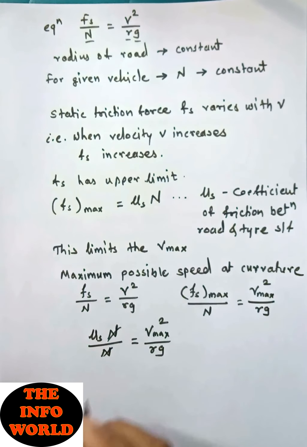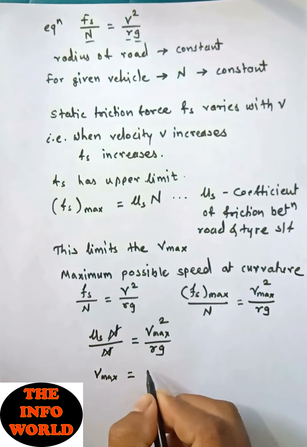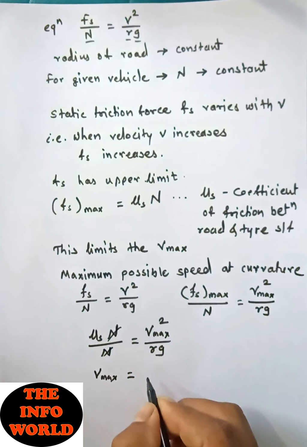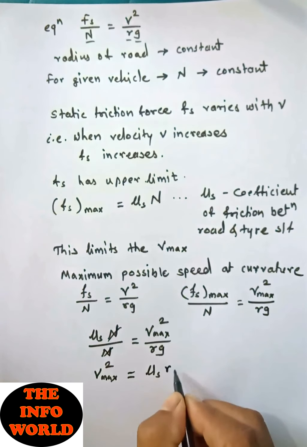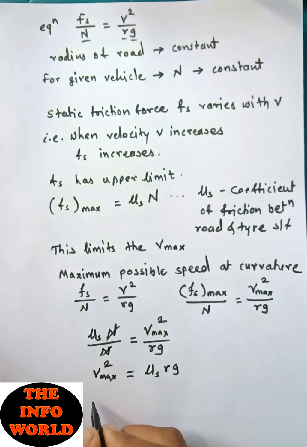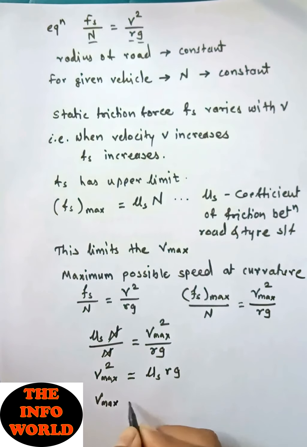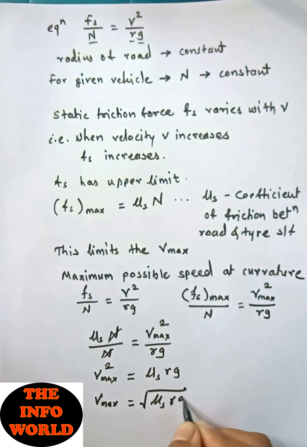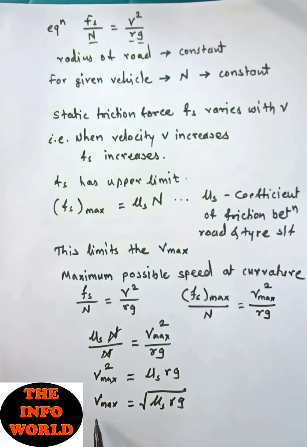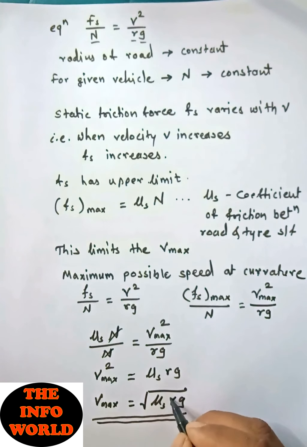So n will get cancelled. So v max square is equal to mu s rg. From this we can write v max is equal to under root mu s rg. So using this formula we can find out the maximum possible velocity at curvature of radius r.